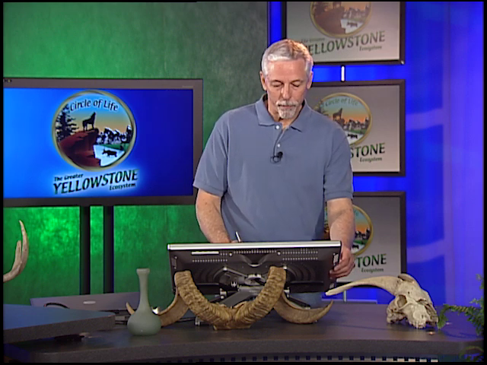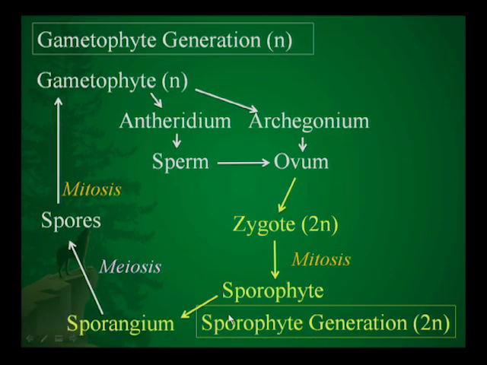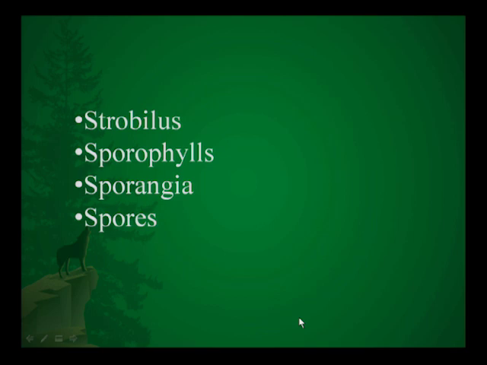So this is a structure that we'll come back to when we discuss the conifer life cycle, because the cones in conifers actually have some similarities to this. All right. So again, we're looking at a plant that's sporophyte dominant. So when you look at the club moss, you're seeing a diploid sporophyte plant. So again, the strobilus is Latin for a cone.